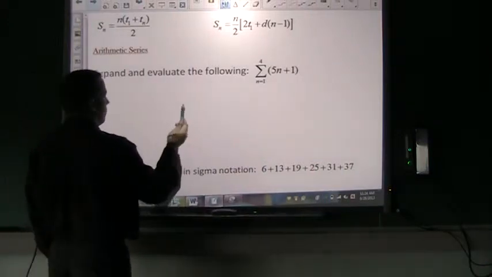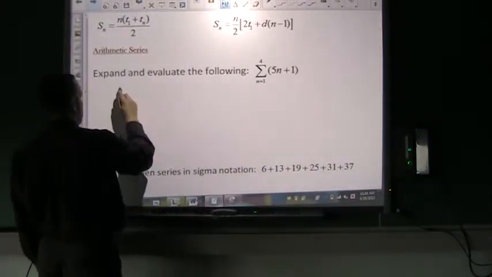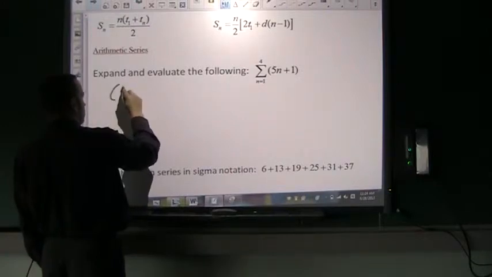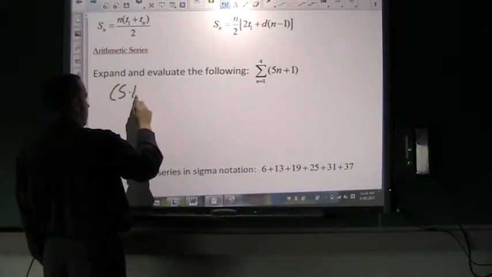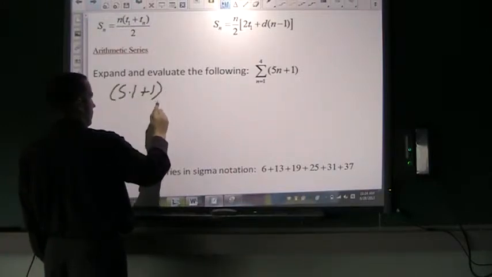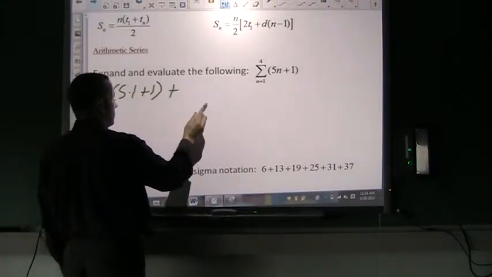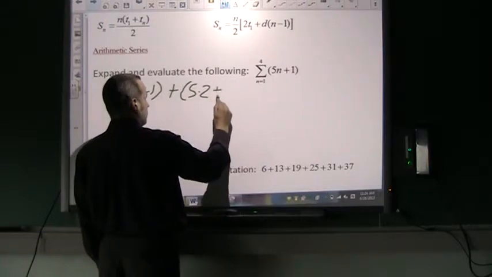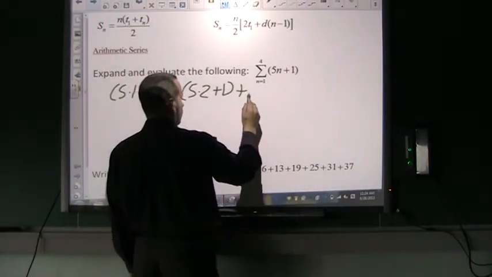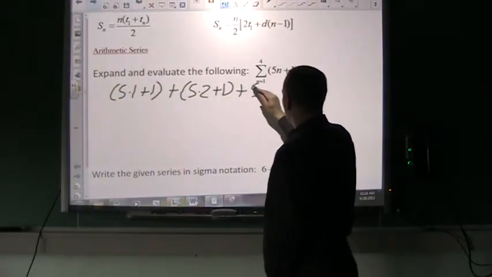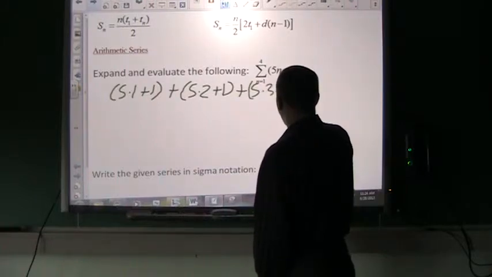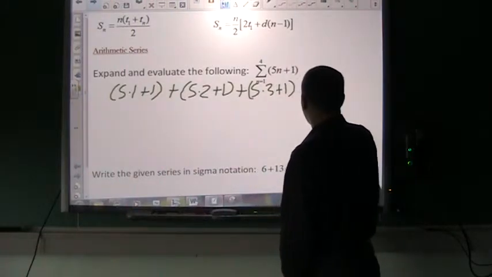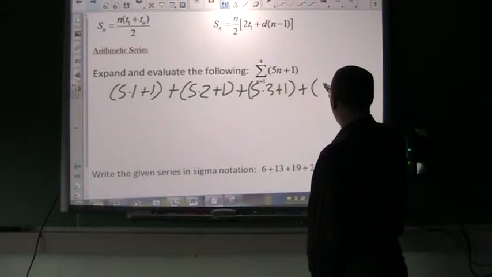So, I would take my first term and write that out. So, 5 times 1 plus 1, and then plus 5 times my second term, and then my third term, and then finally my fourth term.